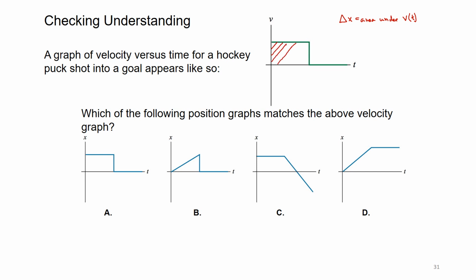For the first half, the area is positive, so the displacement should be positive, but there is more. We want to figure out how the displacement changes from 0 to whatever this time is, let's call it t1. We know it's going to be positive, but we would like to know exactly how it changes.